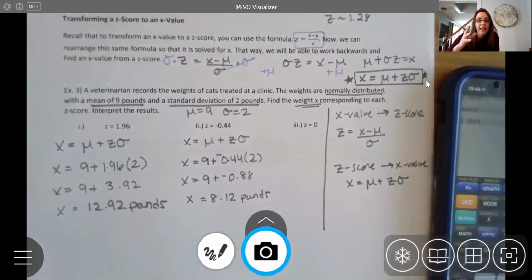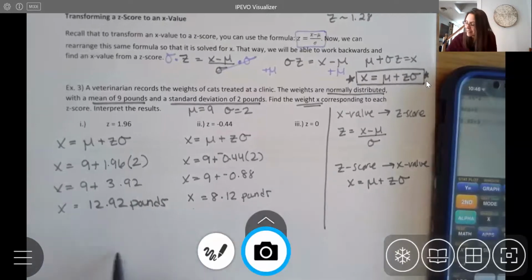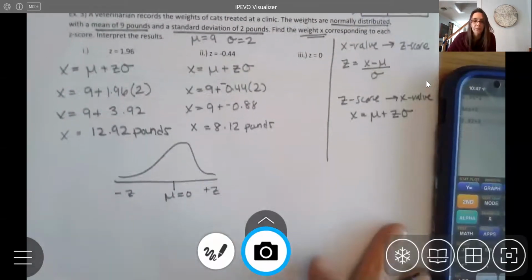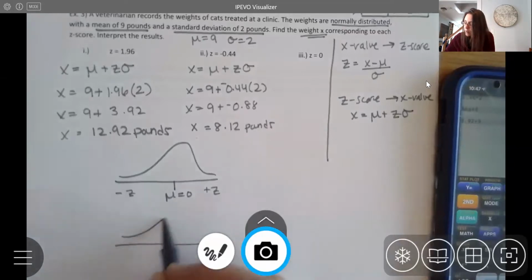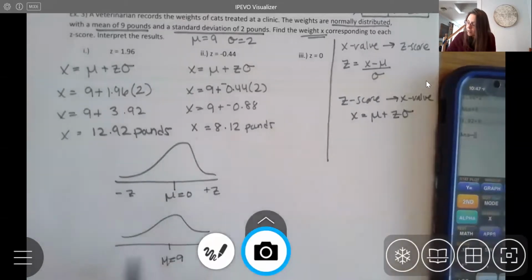Now, keep in mind, this makes sense because if you're in z-scores, your mean is 0, right? So your z-scores are negative over here, and over here your z-scores are positive. So when you transfer back to the x values, here our mean is 9.